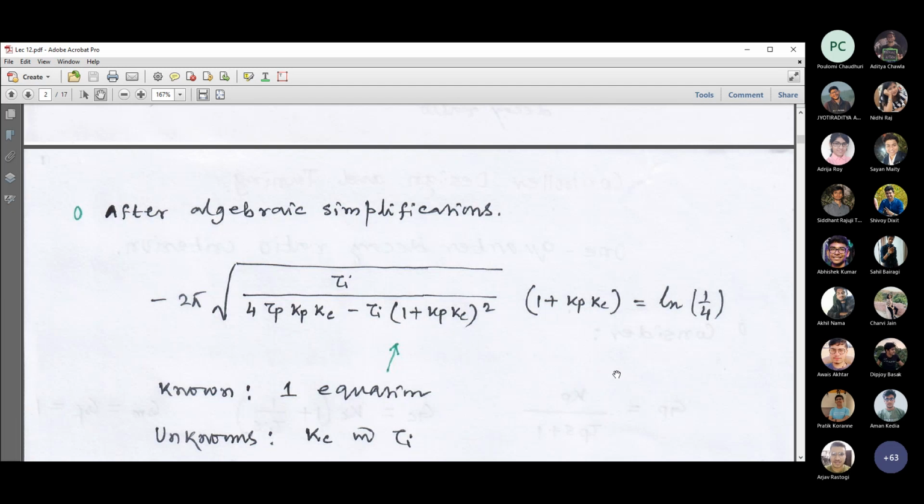After algebraic simplification, we get this form of equation.